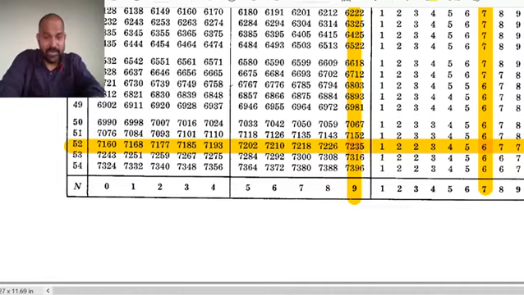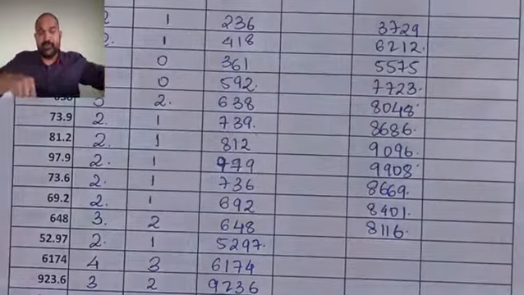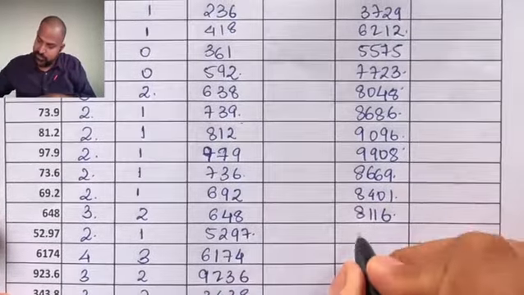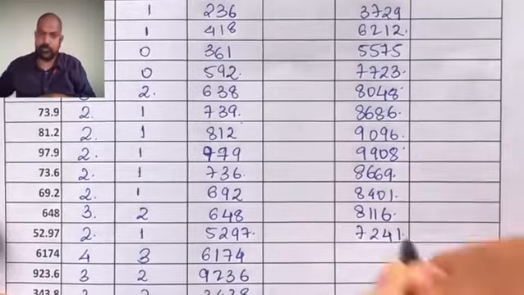So the mantissa here is going to be 7241. Let's write that down.